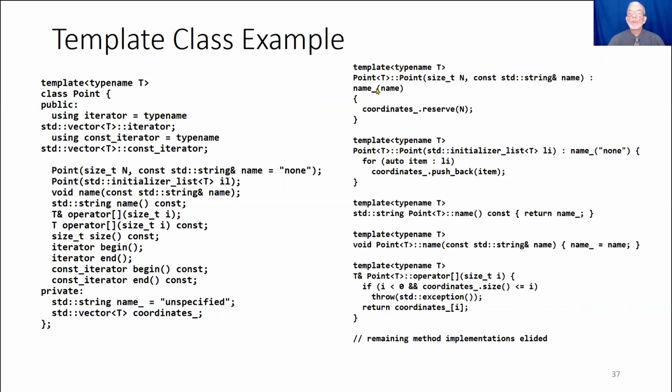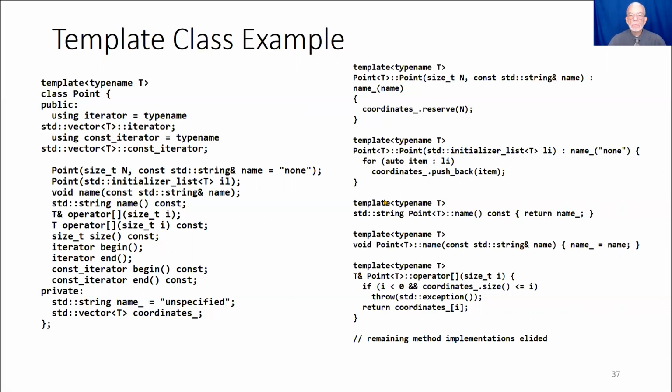And here I'm using an initialization sequence for name, and I'm reserving room for n coordinates with my constructor. And here's a constructor for initializer list, and it just keeps pushing back the items. So I don't specify the n here, I'm just going to have the number of coordinates equal to however many things I have in my parameterized list, where each item in the list is the value of some coordinate, the value of the data held in some coordinate.